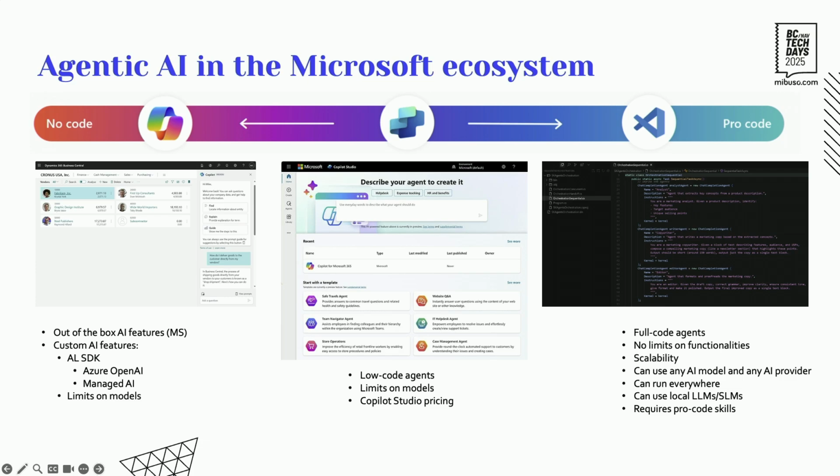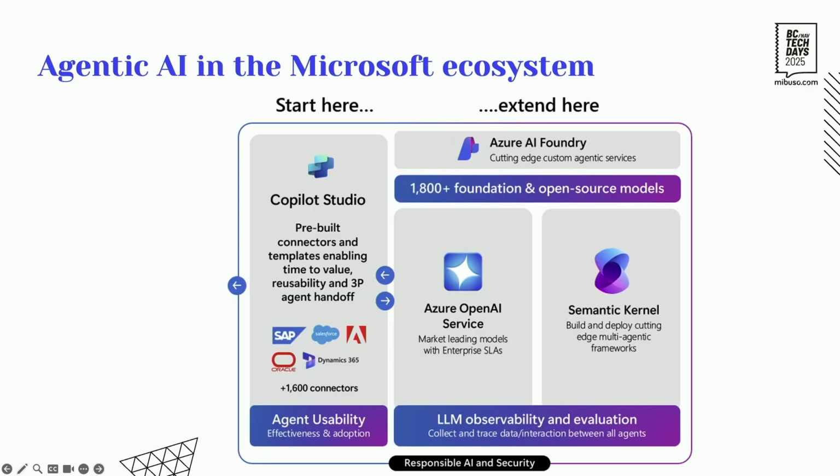In this case, you have no limits everywhere. You can create full-code agent support. You have scalability. You can use any AI model, any AI provider. No limits on that. They can also run everywhere, as I previously said. Obviously, they require pro-code skills. So the focus today will be on this part of the Microsoft ecosystem.